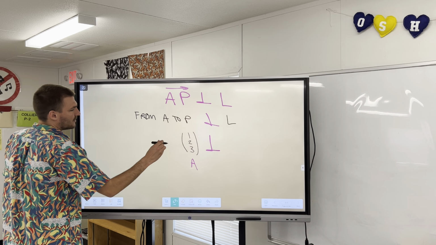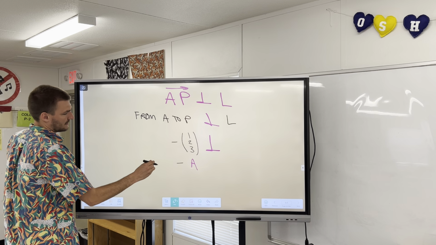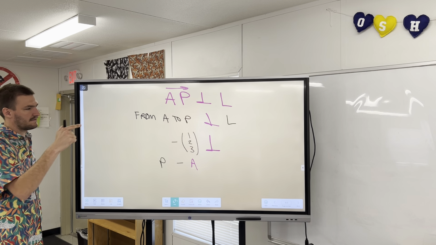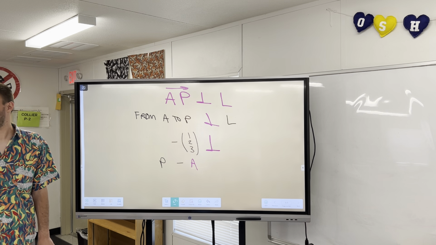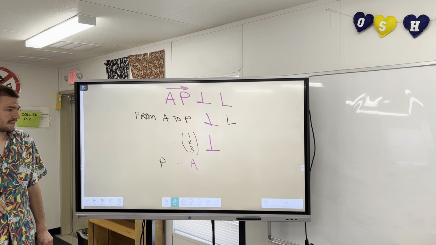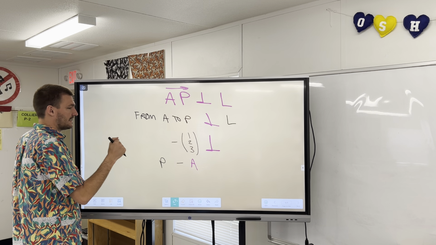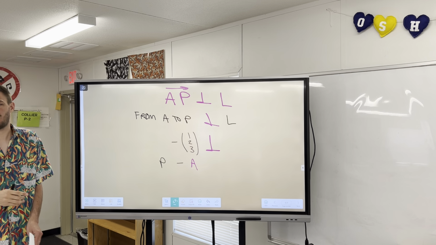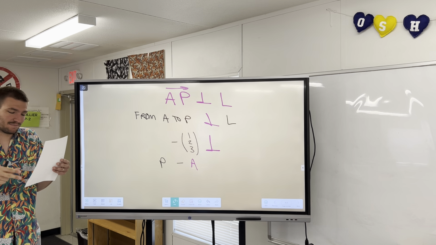And I'm going to subtract A from P. That is how you would travel from A to P. You would do P minus A. And so now I'm going to write P. Now P is actually just the whole L because we don't know what lambda needs to be.